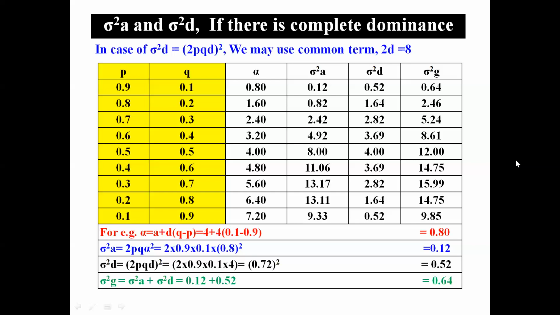Similarly, dominance variance, 2PQD square, we put the frequencies and value of D, we will get 0.52. And genotypic variance, we simply add additive variance and dominance variance, and we will get the value 0.64. You may see in second row all these figures, 0.8, additive variance 0.12, dominance variance 0.52, and genotypic variance 0.64. In the same manner, all other 8 variances you may derive.